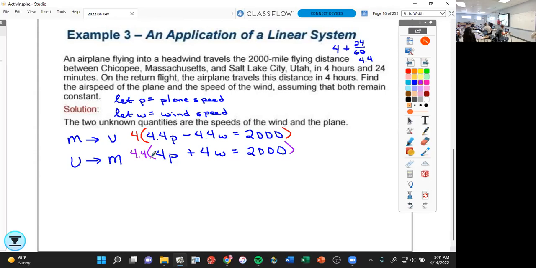Okay, so 4 times 4.4 is 17.6 P minus 17.6 W equals 8,000. Second equation, multiplying by 4.4, we have 17.6 P plus 17.6 W equals 8,800.